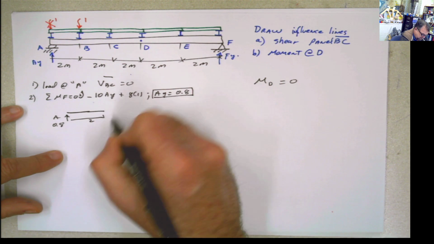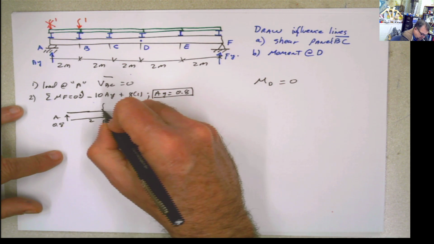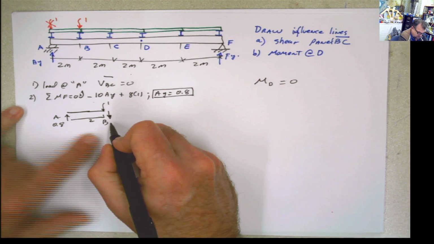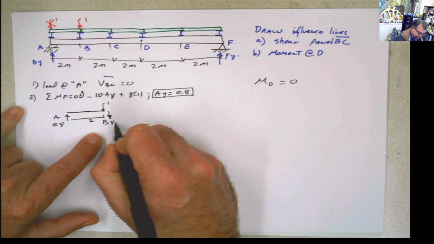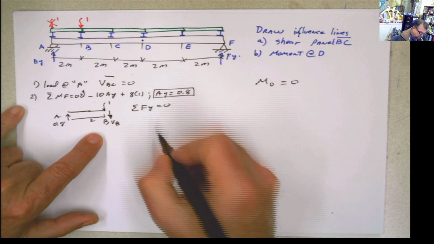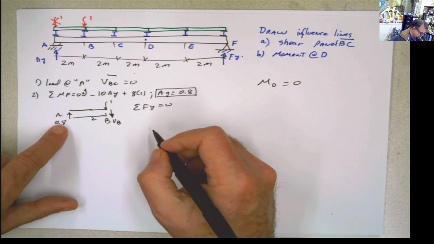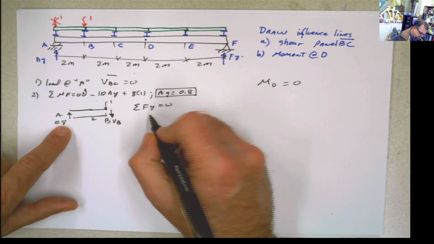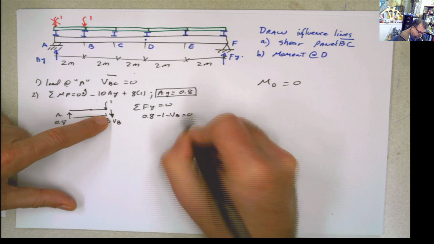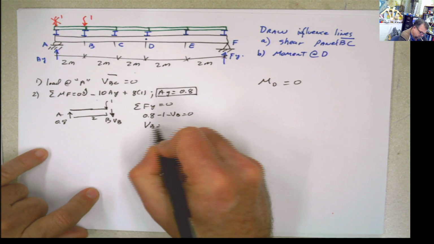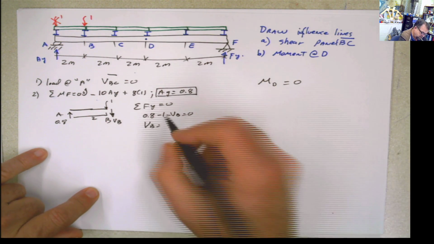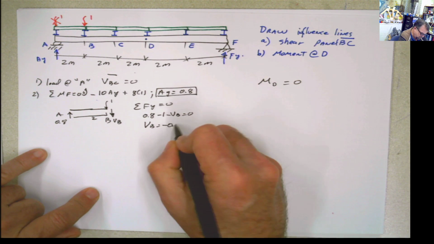This is A, this is B. My load is here at B, and I'm going to have a shear at B. By doing summation of forces in Y equals 0, you get 0.8 minus 1 minus VB equals 0, or VB, which is actually VBC but I call it just VB, equals negative 0.2.